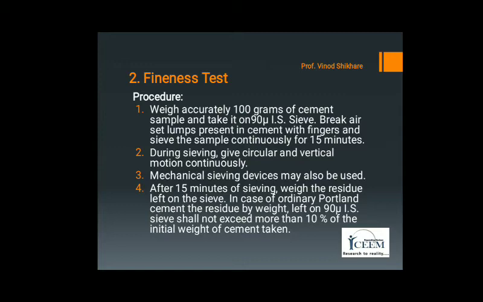Second step, during sieving, give circular and vertical motion continuously. Mechanical sieving devices may also be used. The mechanical device present in our concrete technology laboratory is the sieve shaker.